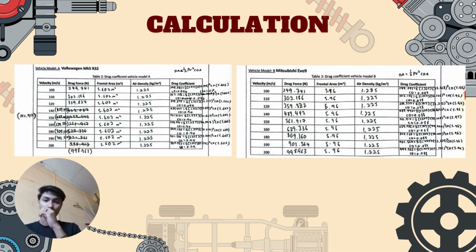For the frontal area, the formula we use is 75 over 100 times length times width. The total we gain for the frontal area for all velocities is 5.602 meter square.